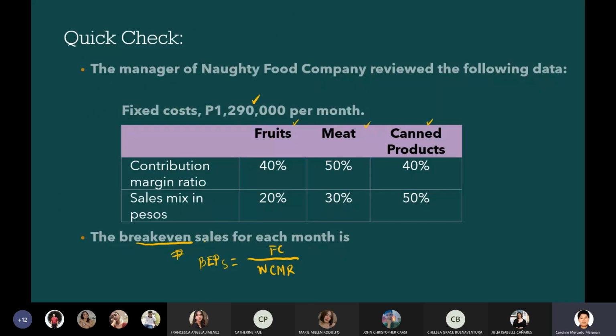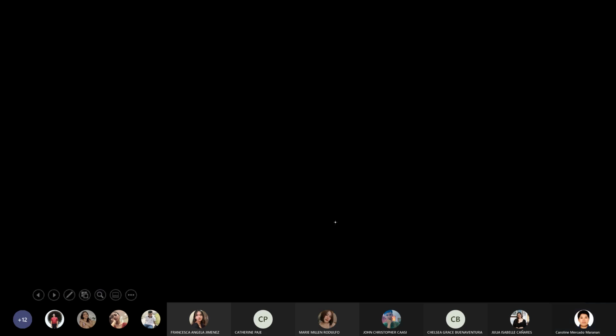Sales mix ratio, ito po yun. Okay? At CMR. Multiply mo lang yan.